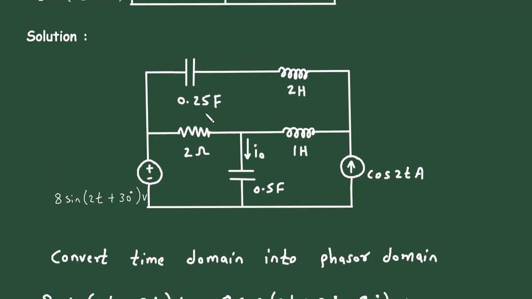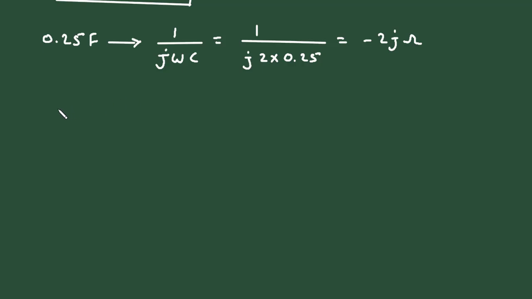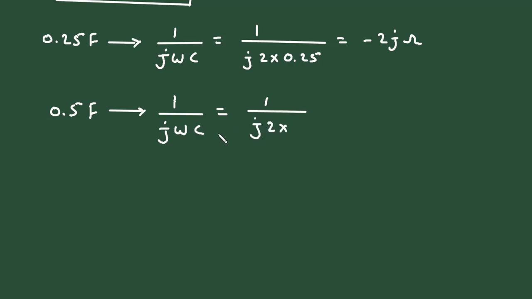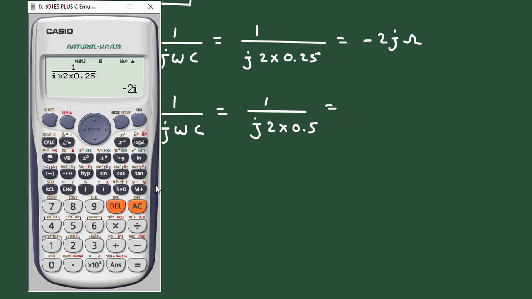Then next 0.5 farad, this will be 1 upon j omega C, 1 upon j into omega value is 2, capacitance value is 0.5. So, it is minus j ohm.